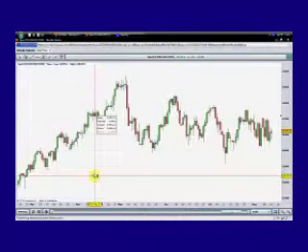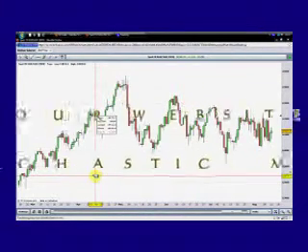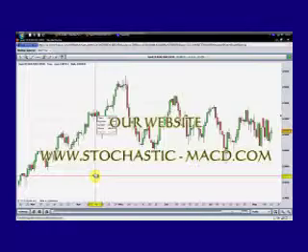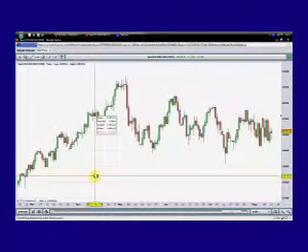On the other hand, when we receive a single red on the 4-hour chart, single red on the hourly chart, single red on the 30-minute chart, on the 5-minute chart, on the 1-minute chart, you are dealing with a fractal single red. You must pay attention to those kinds of signals.